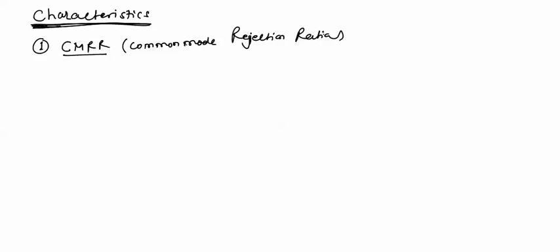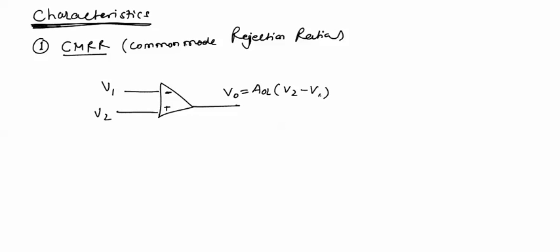Earlier we have seen that an operational amplifier, operated in open loop condition, generates an output V0 equal to AOL into V2 minus V1. If you apply here voltages of 450 millivolt and 500 millivolt, the difference is around 50 millivolt, and this 50 millivolt difference will be amplified, so we'll get some output.